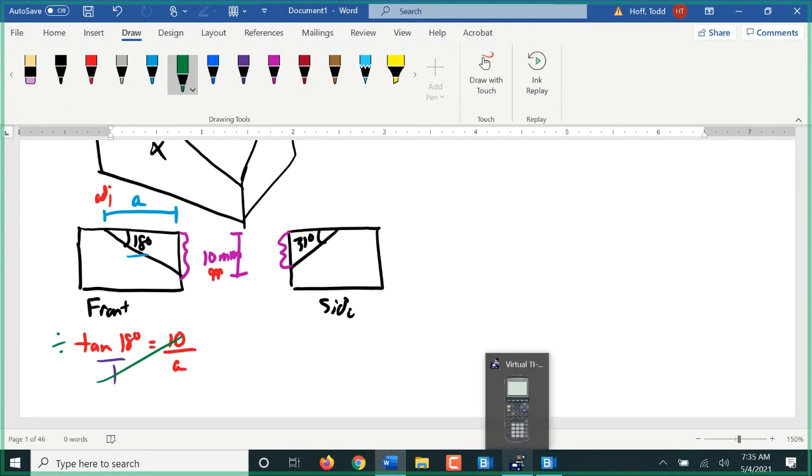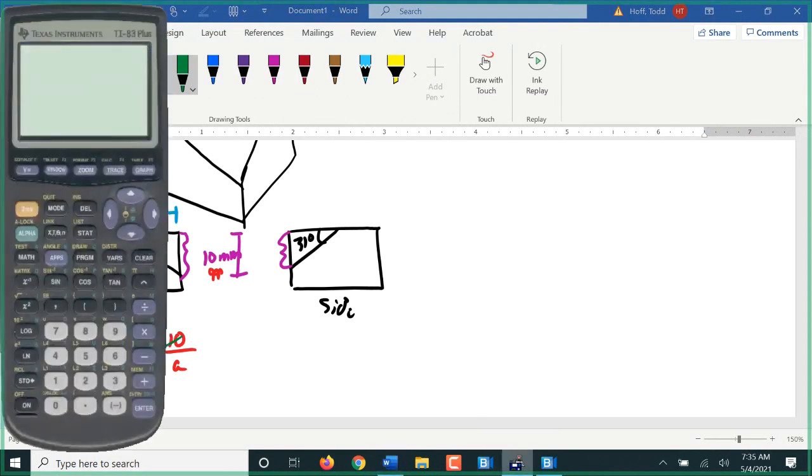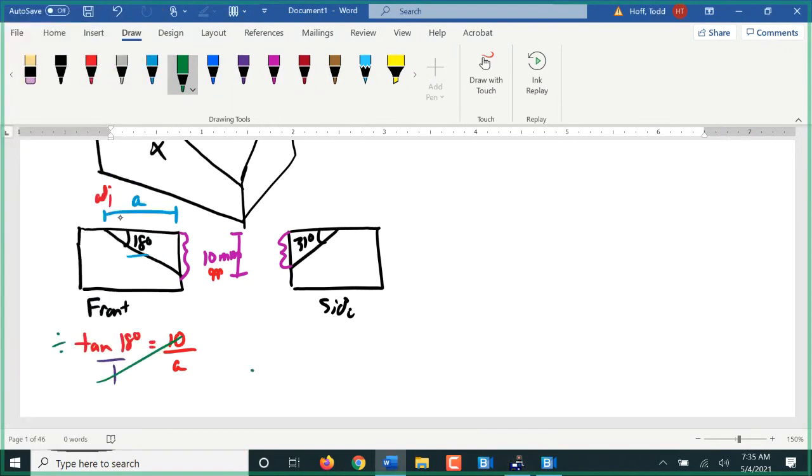So that's going to be 10 times 1, which is just 10, divided by the tangent of 18. Make my modes set correctly here. Yes, 30.78 millimeters.